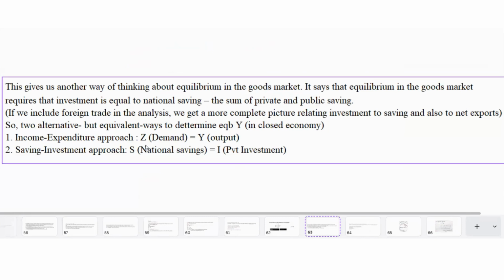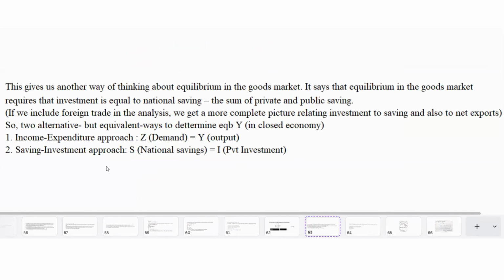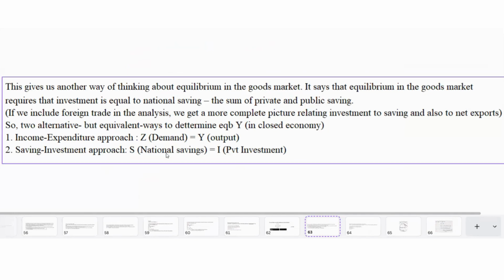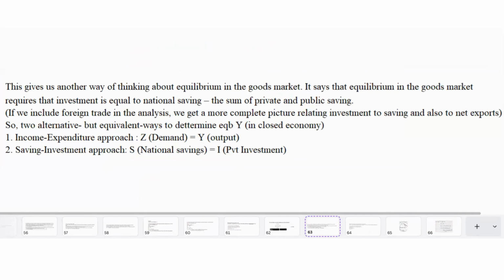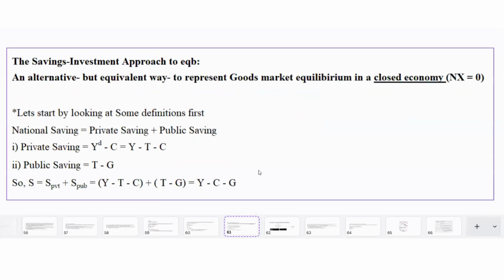One is you can use the income expenditure approach, Z is equal to Y. The other is you can use the savings investment approach, national savings is equal to private investment. Here, keep in mind, national savings can be simplified as we saw, Y minus C minus G.